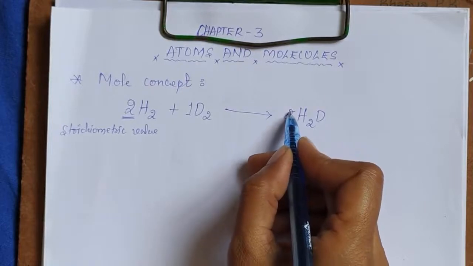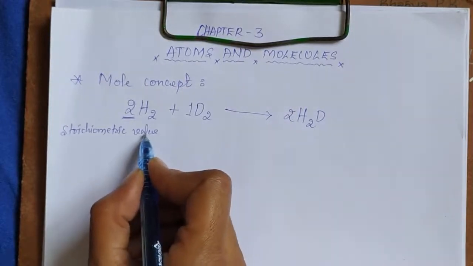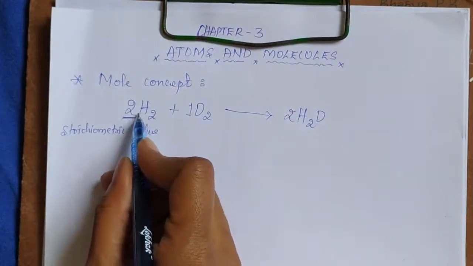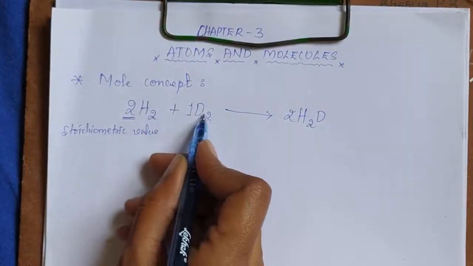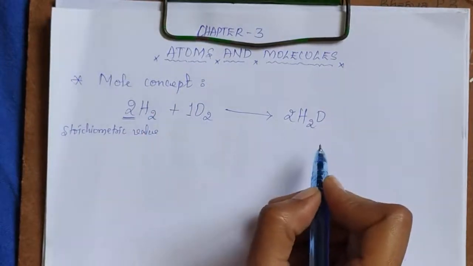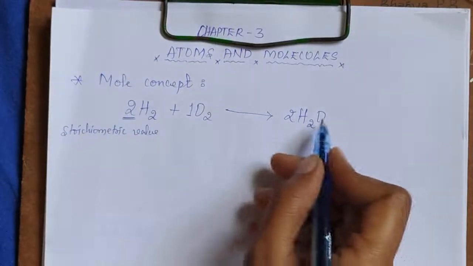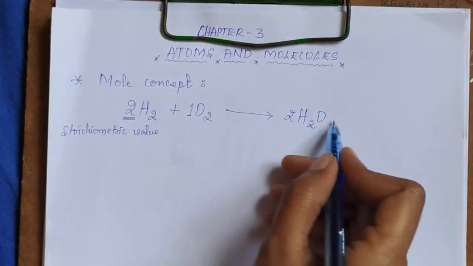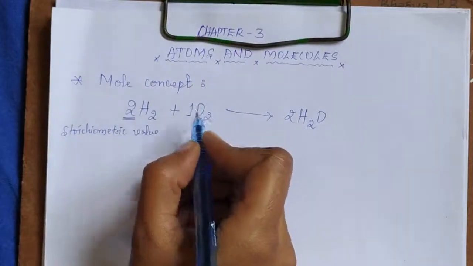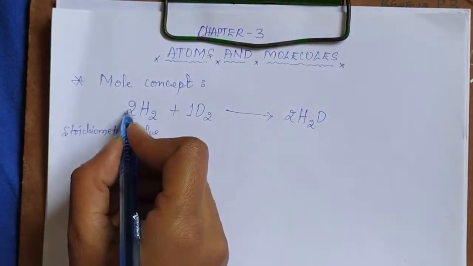These stoichiometric values represent the number of reacting molecules and product molecules. Children, from this reaction we have written the chemical equation. See here, this is 2.